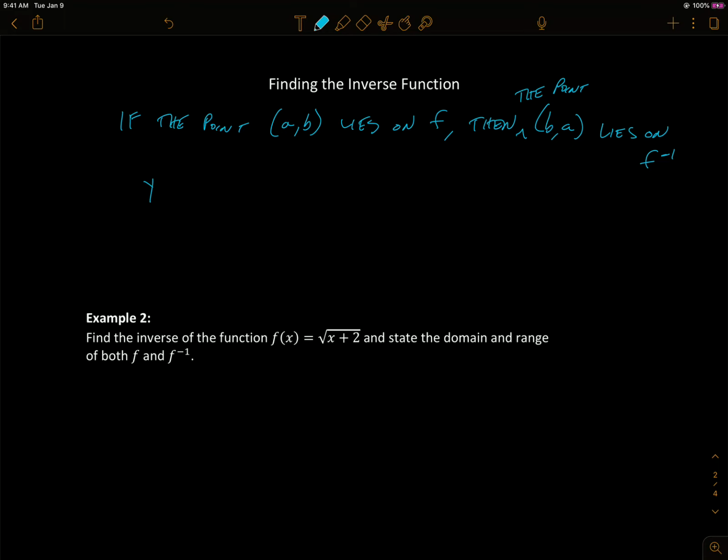Also recall that there's symmetry about the line y equals x, so the y equals x symmetry tells us we can interchange the roles of x and y.